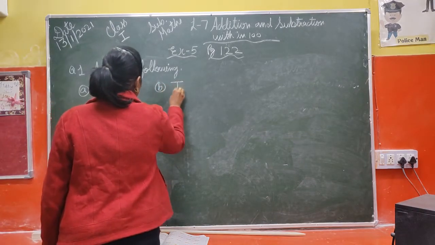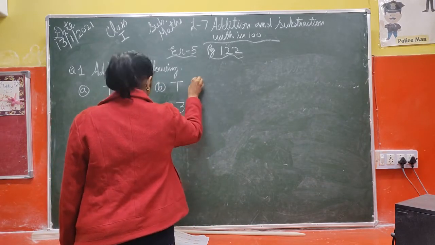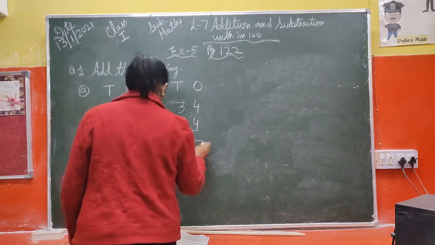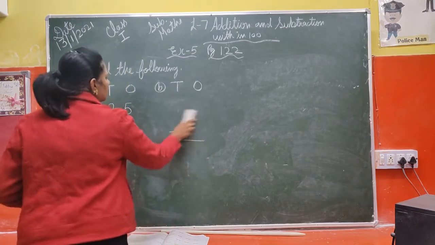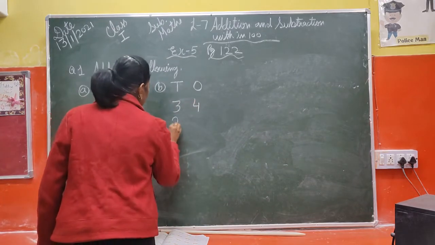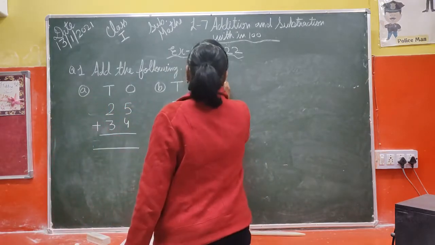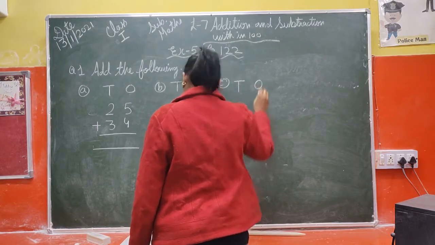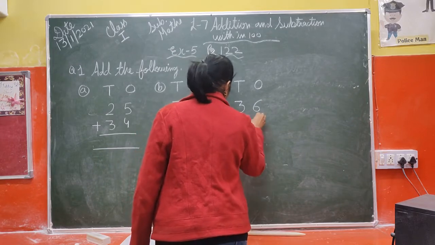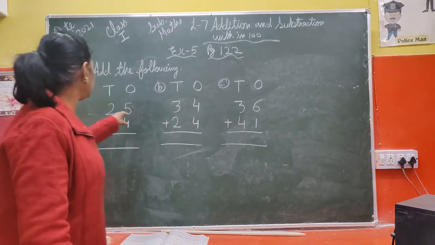B is tens, ones, 34 and 24. Okay. Now again write 34 and 24. Now C is tens and ones, 36 and 41. Okay. Now question is here.